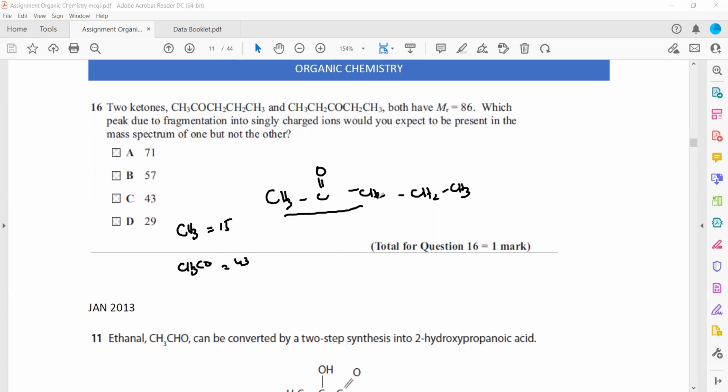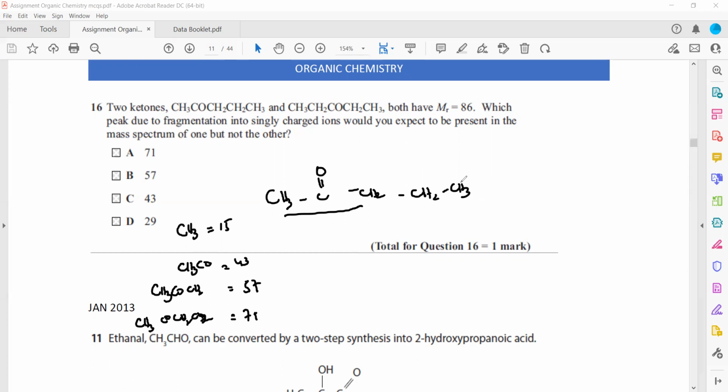Then 43 plus 14 is 57, that is the peak of CH3COCH2. Then 57 plus 14 is 71. And the last one, the molecular peak, will be there for both, about 86.